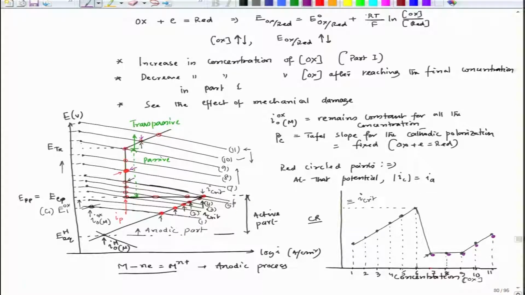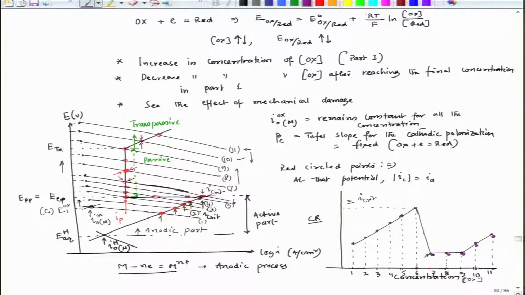Now, when I go to 6, what will be the situation? At this location as well as this location, 2 points, that particular polarization plot for the cathodic polarization is crossing the anodic portions. But since the passive layer has already formed, if we do not disturb the passive layer, the passivity will be maintained.